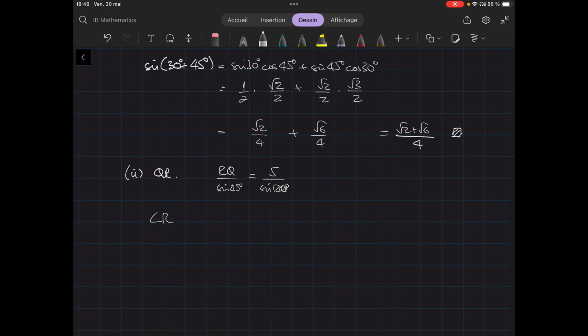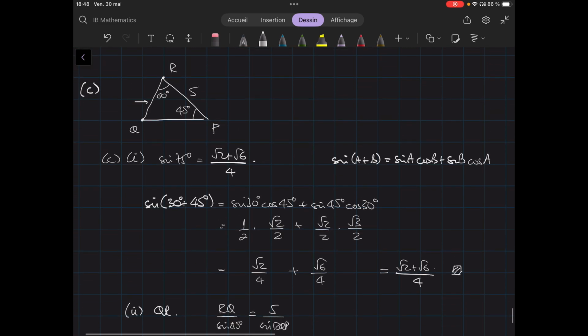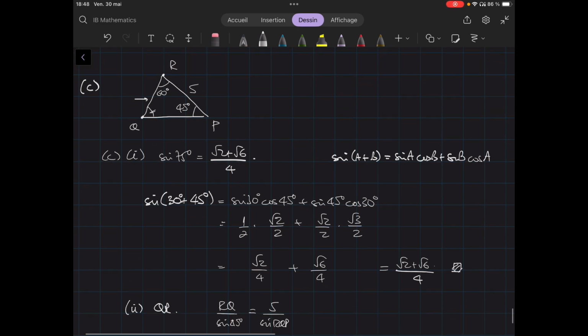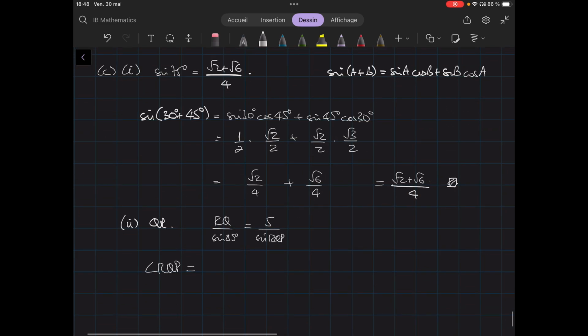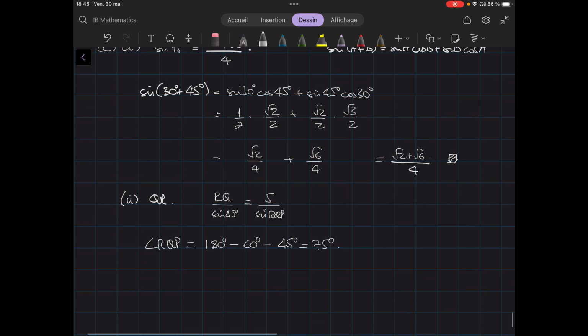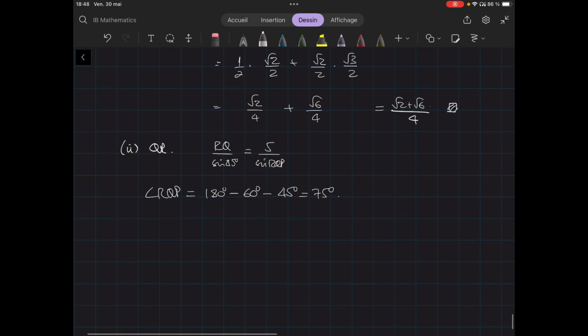RQP is the missing angle, right? So it is going to be 180 degrees minus 60 degrees minus 45, and that will give you 75. RQ, therefore, is equal to 5 times sine of 45 degrees divided by sine of 75 degrees.